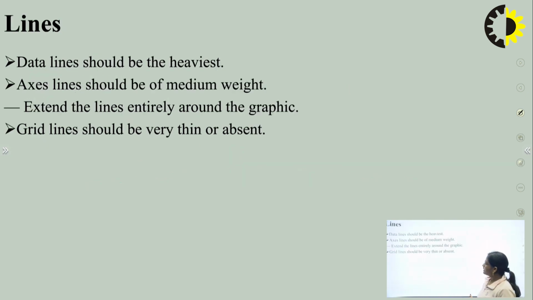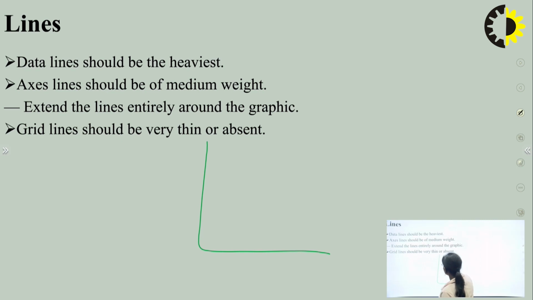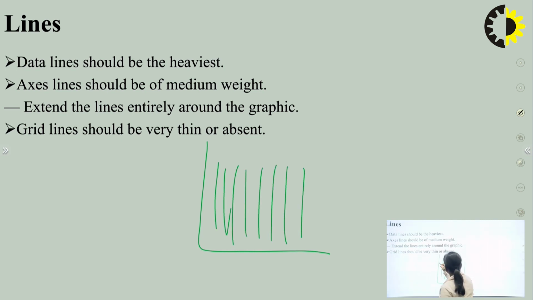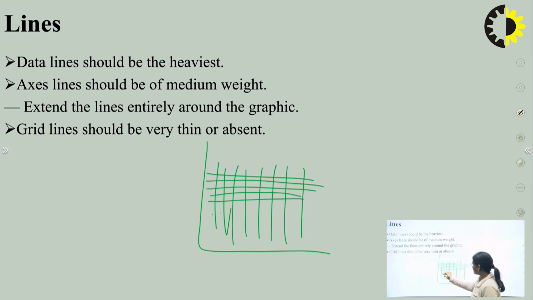Then lines. Data lines should be heaviest. That means thick lines must be used. Axis lines should be of medium weight, and extend lines entirely around the graphic. Grid lines should be very thin or absent. This means if we are showing a graph, this is the grid, so this must be very thin, or we try to make it invisible.